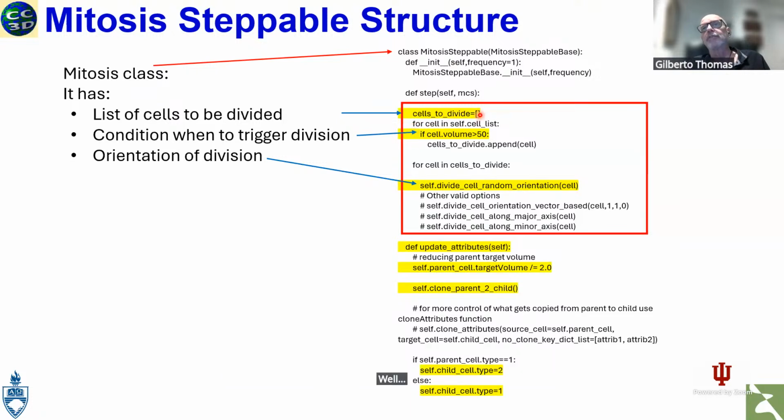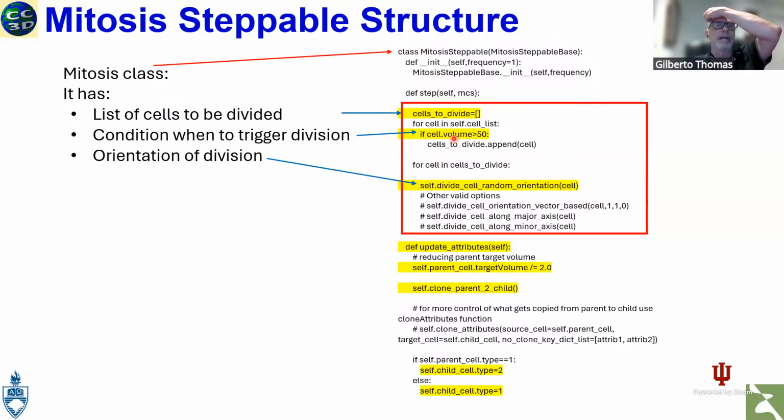It starts with 0 cells, of course. Then we run a loop over the cell volumes to see if any of the cells has reached a volume above 50. If it has a volume above 50, append this cell to that list. Cells to divide, append cell.